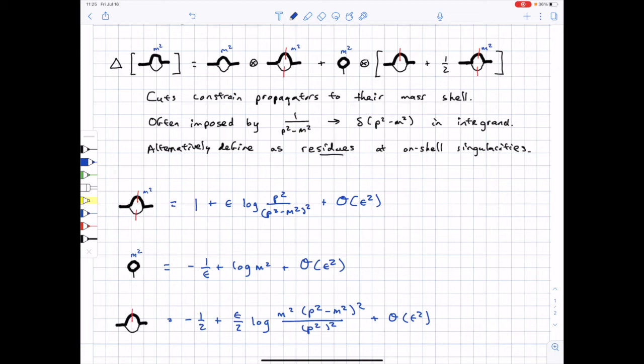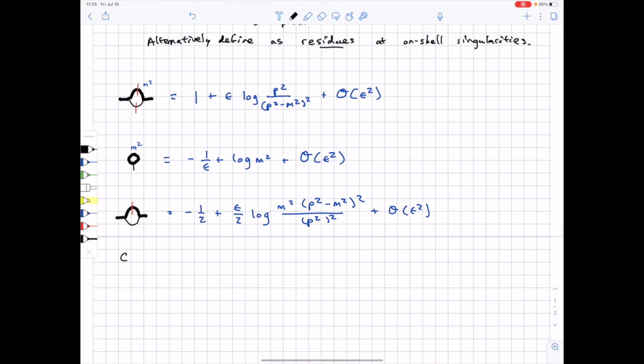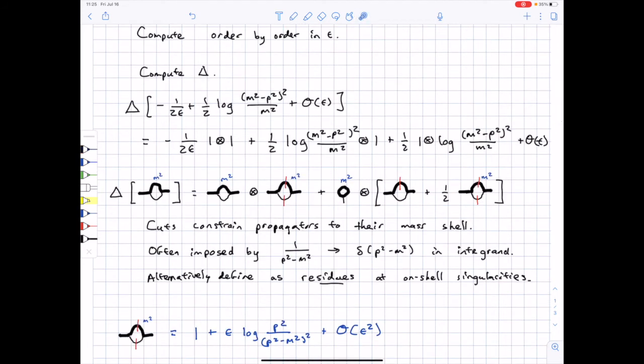So let's see if we can check this relation, evaluated order by order in epsilon. So our first check of the formula will have to be at order epsilon to the minus 1, because that does appear on the left-hand side.